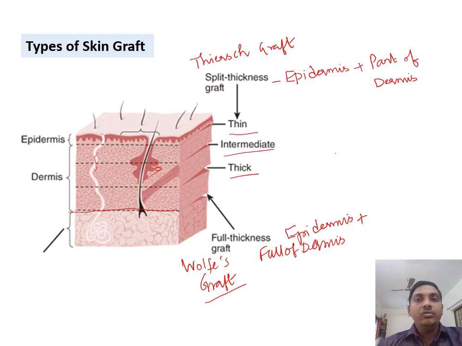So where do we harvest these skin grafts? A split thickness skin graft can be harvested anywhere, the common places being the lateral aspect of the thigh, and the anterior and posterior aspects of the thigh.